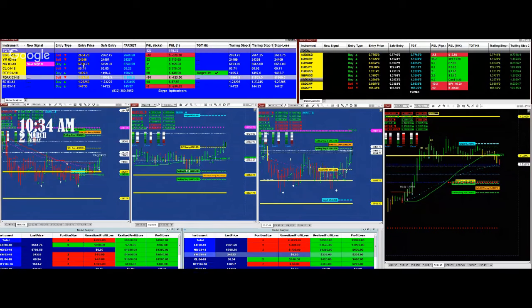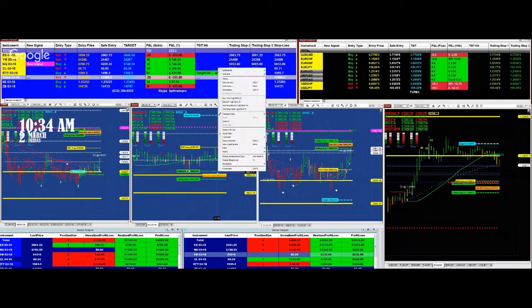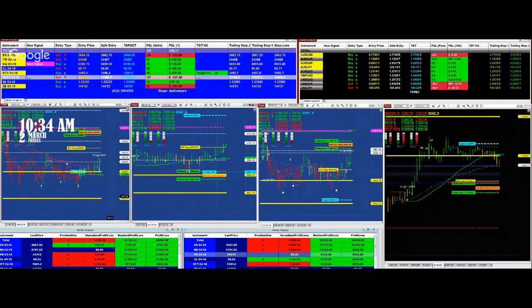The new signal is 775, and the target 748.50. This is your entry, and this is your target. On the pullback it is 66.59, and now the 66.59 where we took that trade is right there. Order pending, this is the pullback entry.